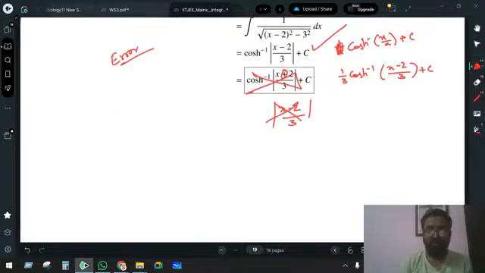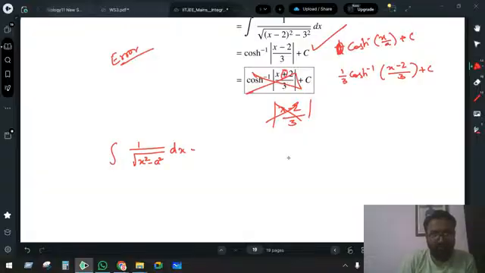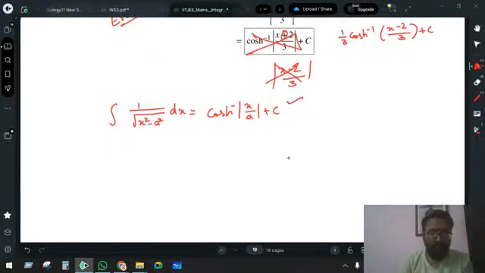I will give the formula. See here, integration of 1 by under root of x square minus a square into dx is equal to cos h inverse mod x by a plus c. That's it. I'm giving another formula.